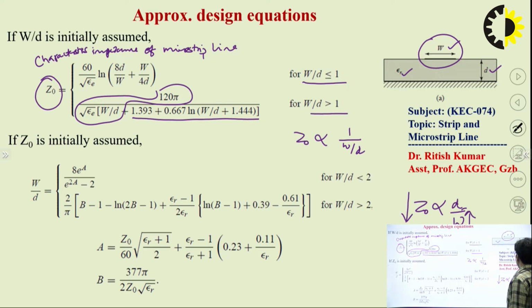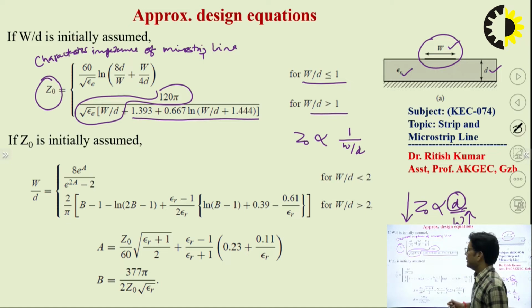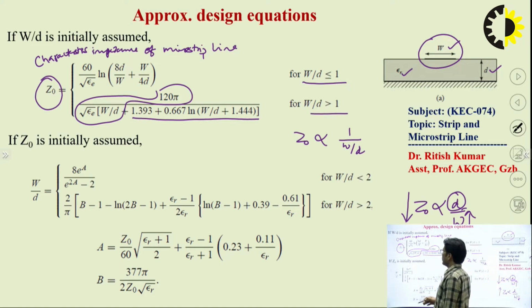If you decrease the width, we get a higher characteristic impedance of the microstrip line. And we are not changing D, because the thickness of the substrate cannot be changed once you select the substrate. So this is the formula if we know W by D initially.